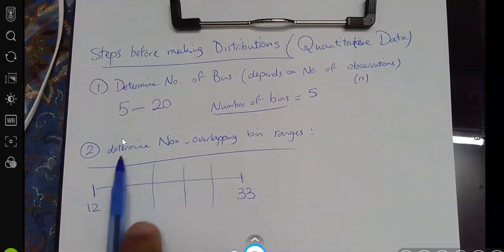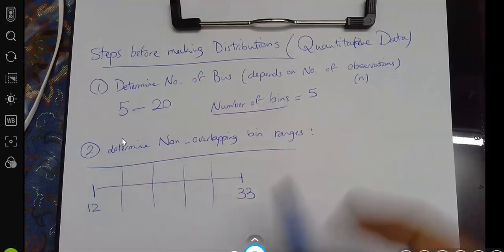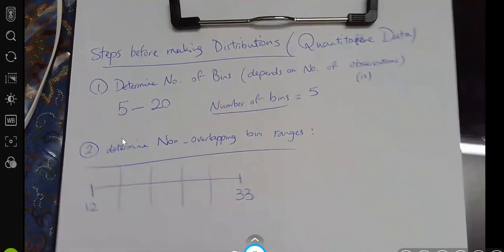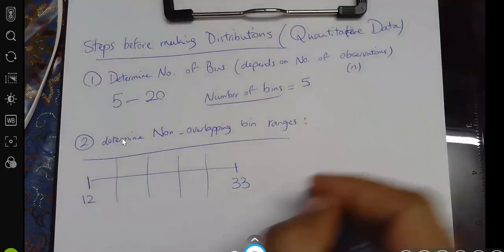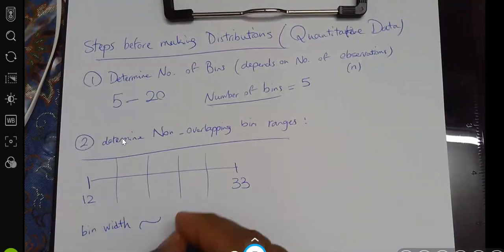So the number of bins is 5, and what is the bin? Before actually finding the bins, we need to decide about the bin width. Bin width is going to be the range divided by the number of bins.